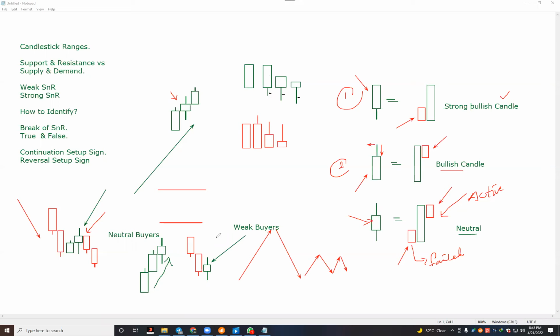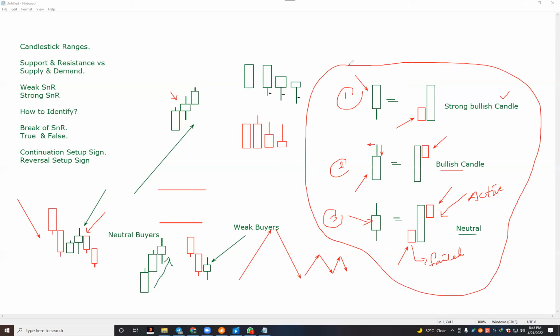So always keep this point clear. Okay, so number 3 setup and 1, 2, 3. Is this point clear? Does anyone have any confusion? Yes, sir, it's clear.